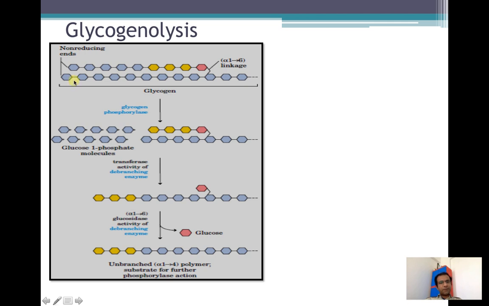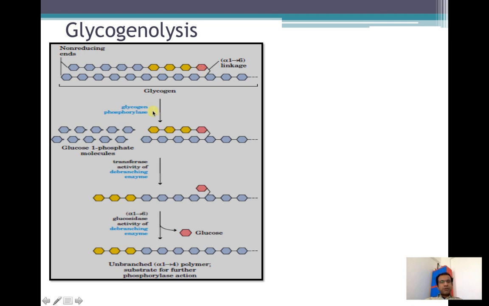Here there is an alpha 1,4 linkage, so that will be broken by glycogen phosphorylase, and this separated glucose molecule will be in the phosphorylated form. So the product will be glucose 1-phosphate. One glucose molecule at a time will be released in the form of glucose 1-phosphate by glycogen phosphorylase. This process will continue in the chain as well as in this branch.